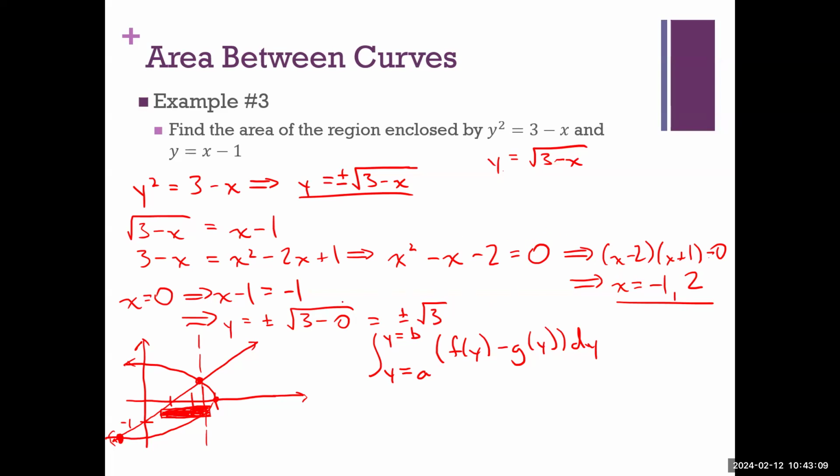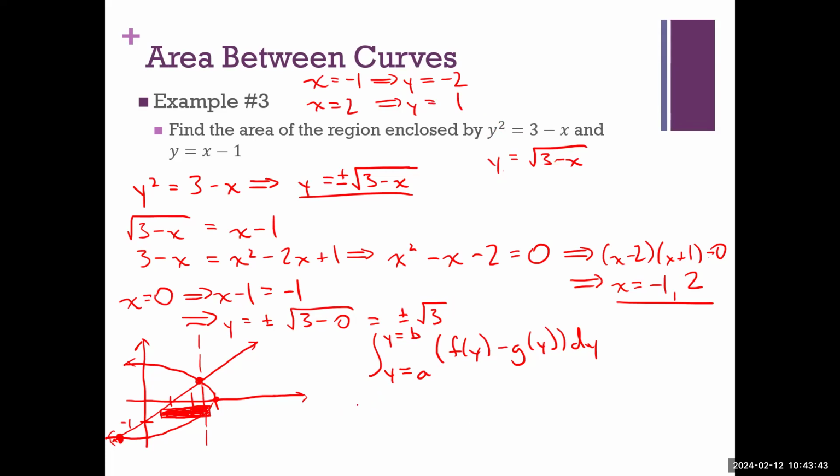Oh, no, we tested a point. When x equals -1, what does y equal? y equals -2. Does that agree with both of them? It should, because you get plus or minus 2 out of the y squared one. When x equals 2, what do I get? 1.